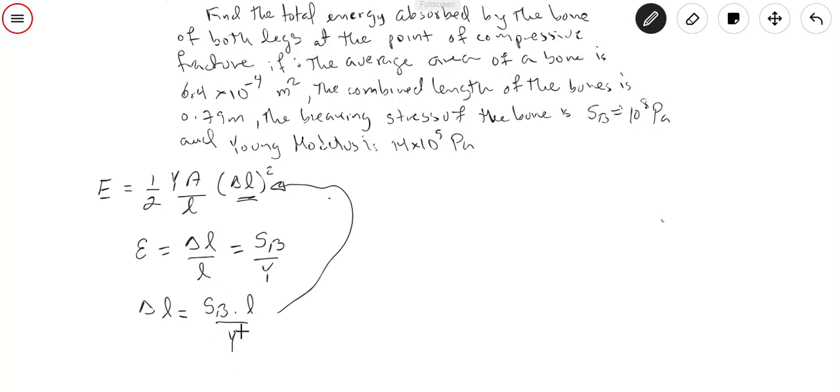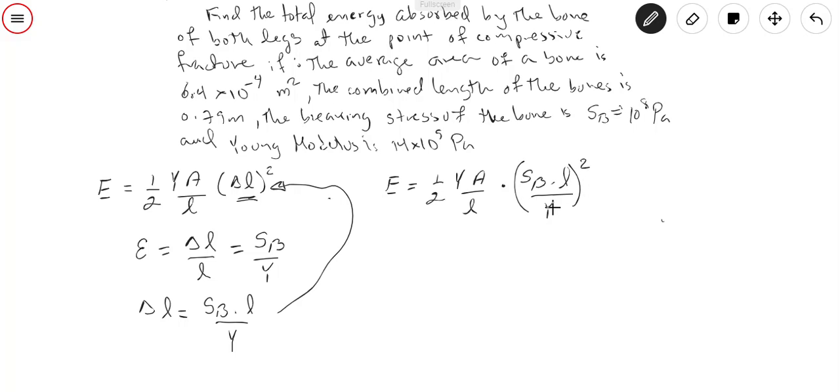If now we replace the delta L by this expression, we get that the energy absorbed by the bond at the point of compressive fracture would be 1 over 2 modulus of Young times the area of the bond divided by the length, times, in this case we multiply by the breaking stress times the length over the modulus of Young, and we have to square all this.